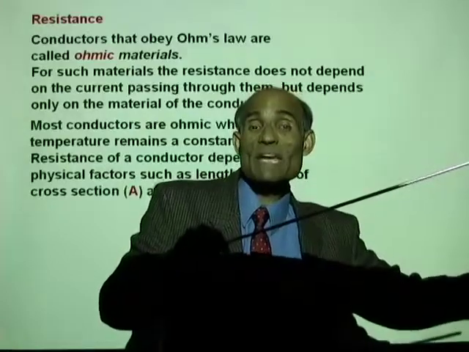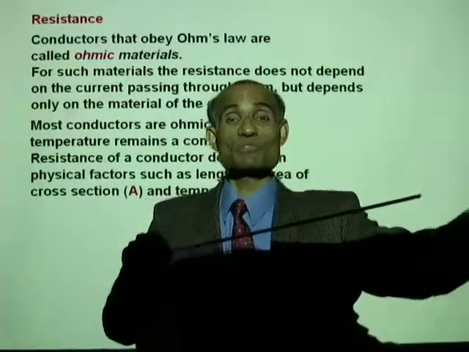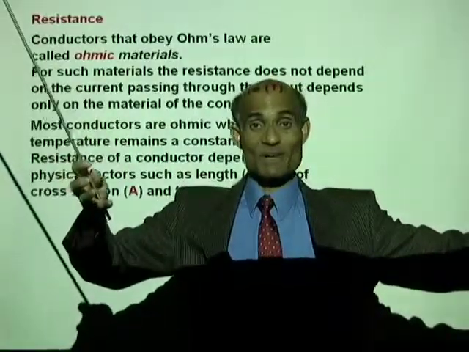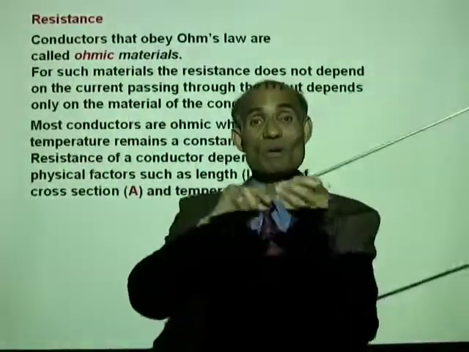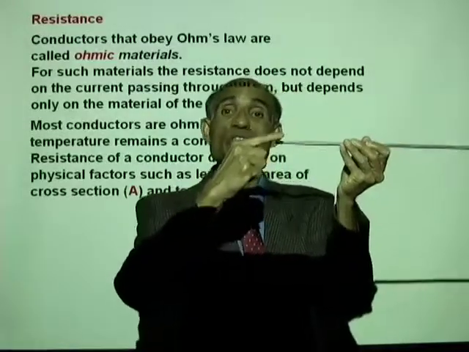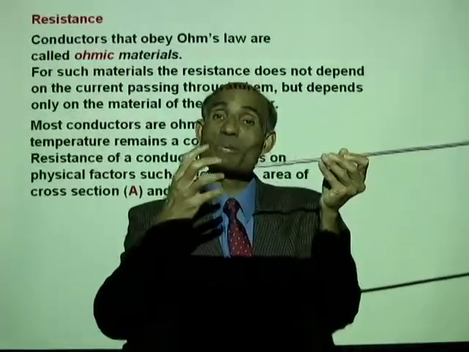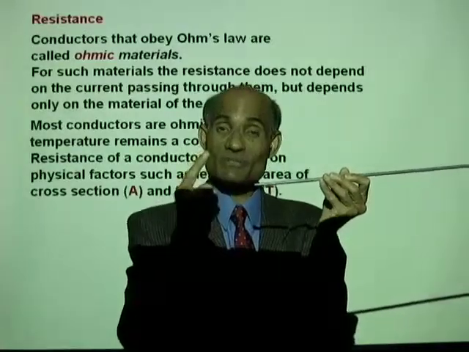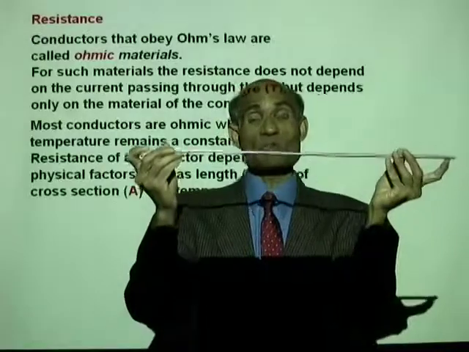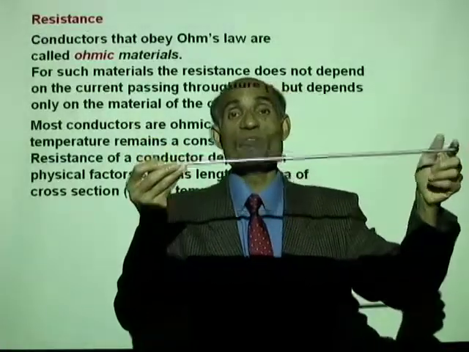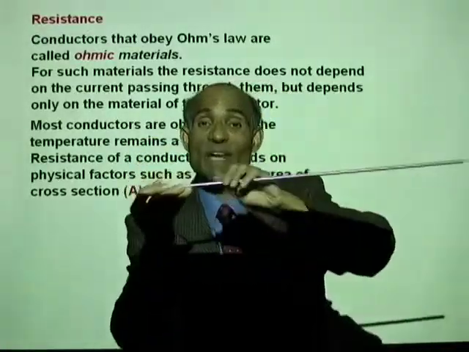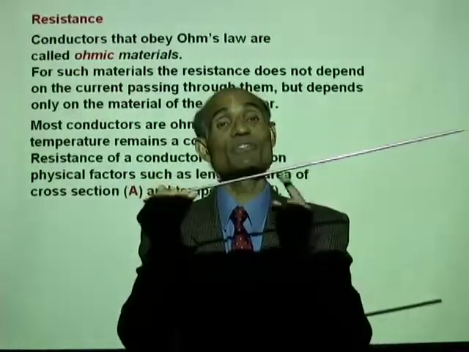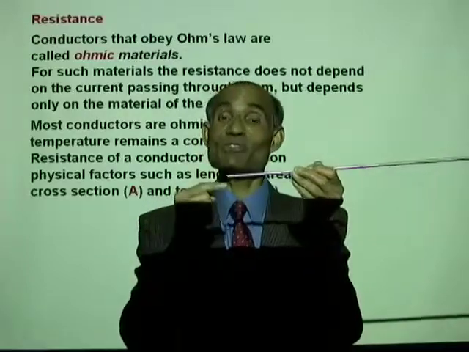If you want to make it easy for people to pass through a corridor, we had better make the corridor wider. Is that right? So as the area of cross-section increases, it will be easier for electric charges to drift through. The resistance decreases. And so the resistance of a conductor varies directly as the length of the conductor and inversely as the area of cross-section.